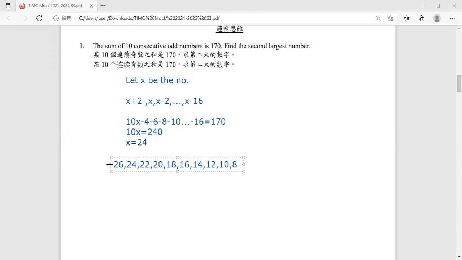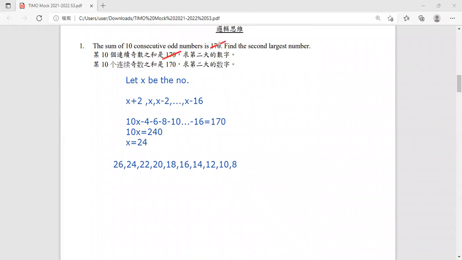Actually, these sums are 180, not 170. So the question is set wrong. But the method is the same. So I know that sometimes the question is set wrong, but it's okay.